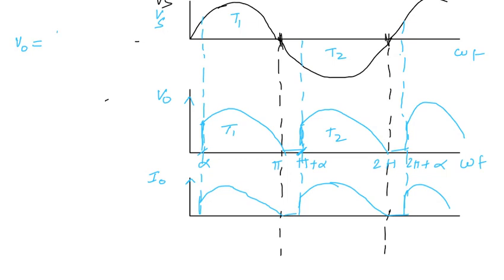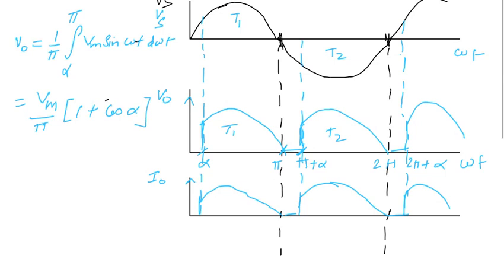So 1 upon pi integration from alpha to pi of Vm sin omega t d omega t. You just do it, and you will get Vm by pi, with sin omega t giving minus cos omega t, and putting in the limits you get 1 plus cos alpha. So this is the average value.